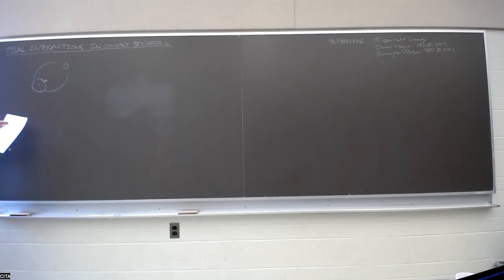So the acceleration of the center of mass is just going to be minus G m2. Let's call this guy m1, and then let's call the orbital separation 2 r0. Okay, so this will just be 4 r0 squared.